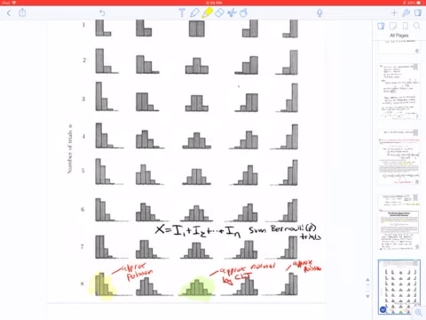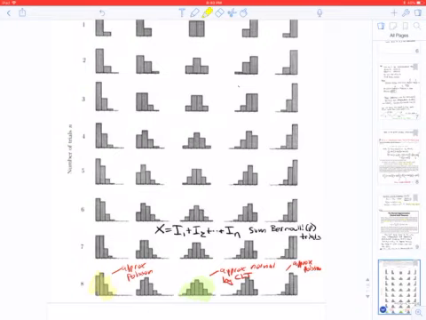And the reason for that is that binomial n, p is a sum of n independent Bernoulli p trials. So these independent Bernoulli p trials are independent and they're identically distributed. They're all the same. So that's exactly what the central limit theorem applies to.